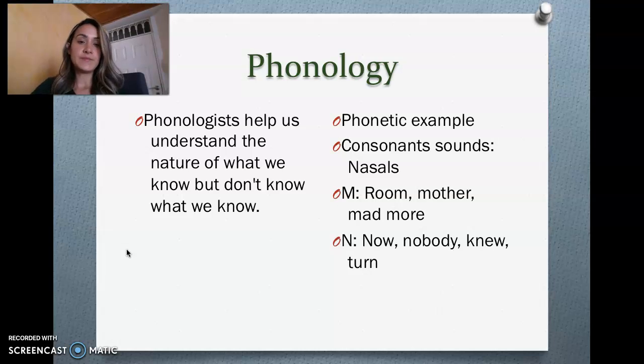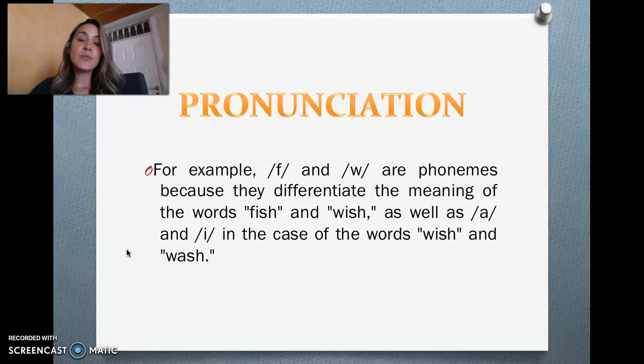The pronunciation with F and with W are phonemes because they differentiate the meanings of the words fish and wish, as well as A and I in the case of the words wish and wash.